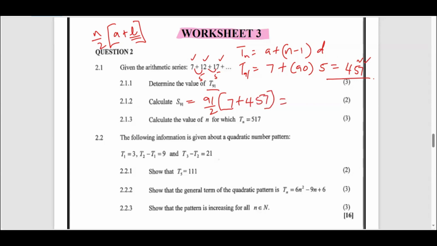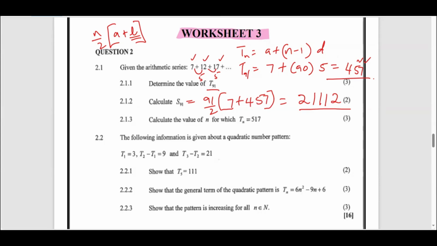Let's put this in the brackets, 457. Divided by 2 times 91. So I'm getting 21,112. So that is the sum. This is the quickest way, but you can still use that other method. You still end up with the same answer.